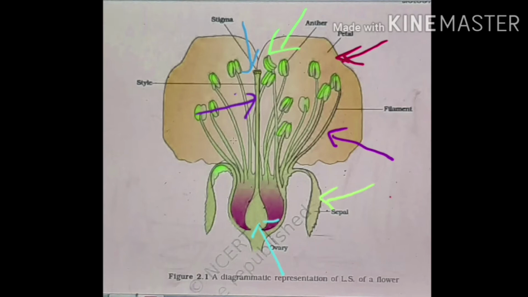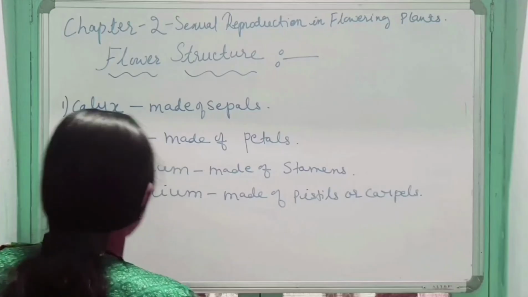Attached to the filaments are the anthers, which are bilobed, shown with the help of dark green arrow. The purple arrow shows the style. Attached to the style is the stigma, shown with the help of dark blue arrow. Below the style is the ovary, shown with the help of light blue arrow.